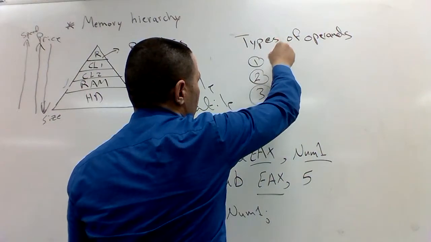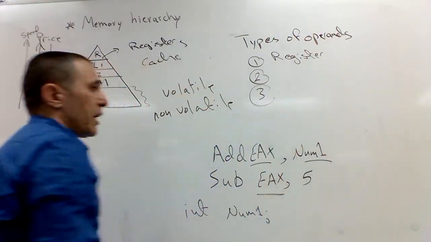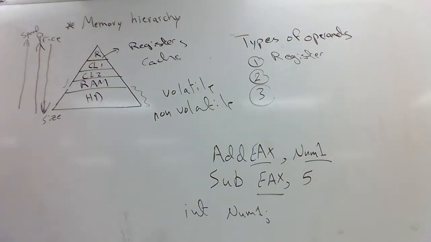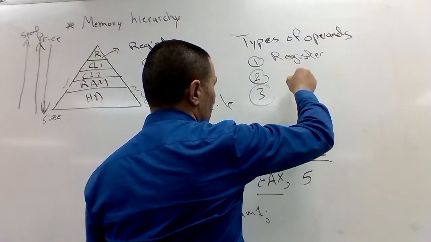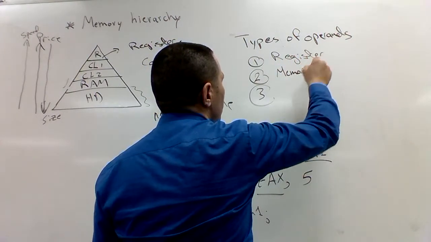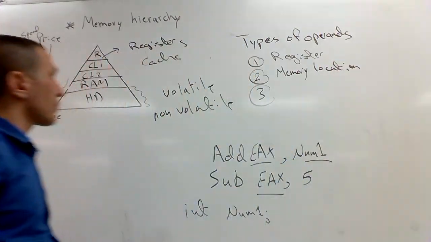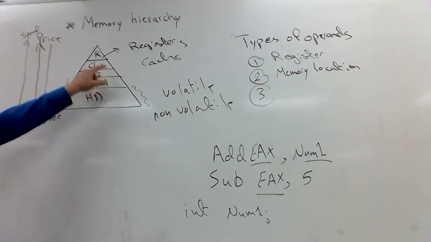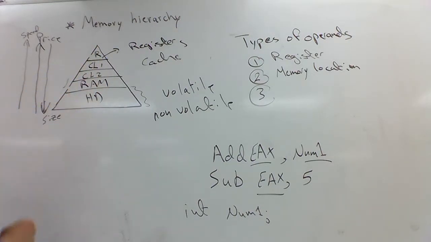First thing, we have types of operand. We have registers, EAX, AX, EBX, and second one is memory location. Registers is this. This is the first type of operand. Memory location is here.